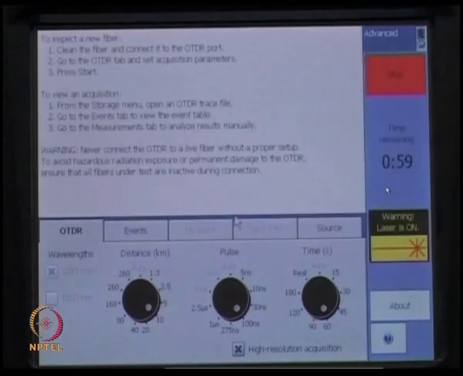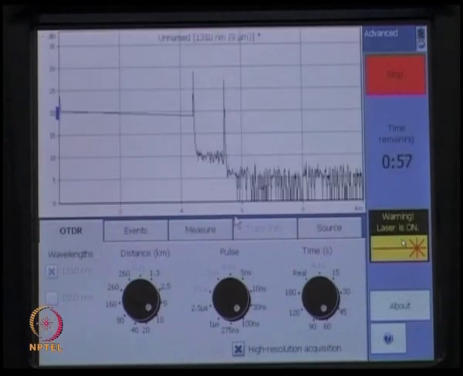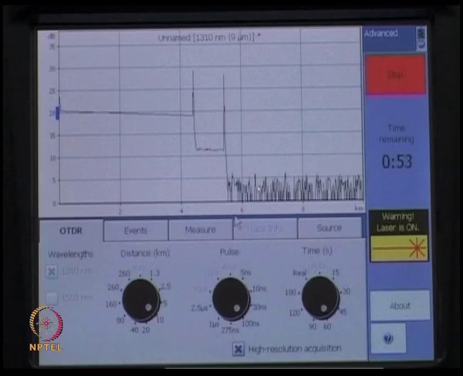You have pressed the start button now, and data acquisition starts. So you see, initially you see a lot of noise, and after more and more data is acquired, because of integration the signal to noise ratio improves and the noise goes down.